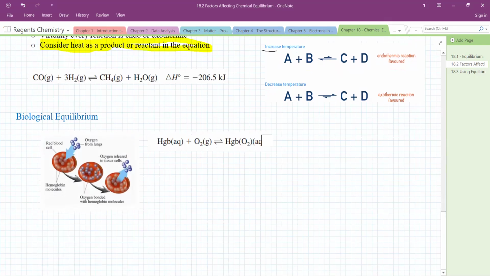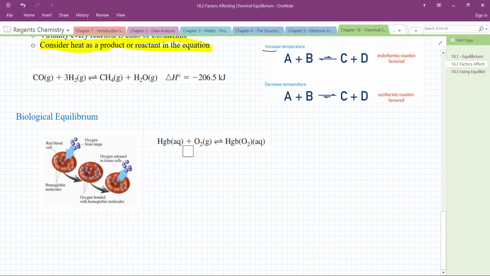Now we also should talk a little bit about biological equilibrium. You know very well that you live in a state of dynamic balance called homeostasis, and our body acts in myriad ways to maintain that equilibrium. One very relevant example to our study of chemistry is the equilibrium that exists between hemoglobin and oxygen in the blood. So we have oxygen that's free, and then we have aqueous hemoglobin.